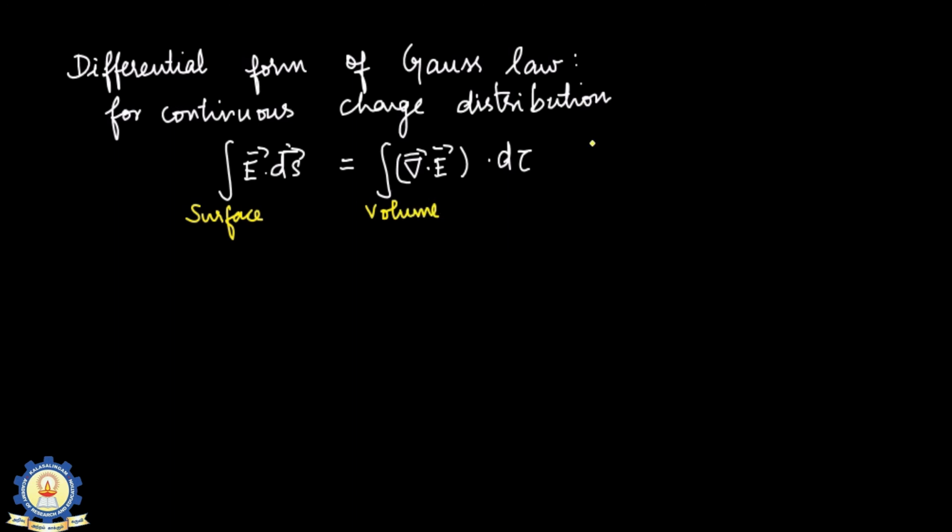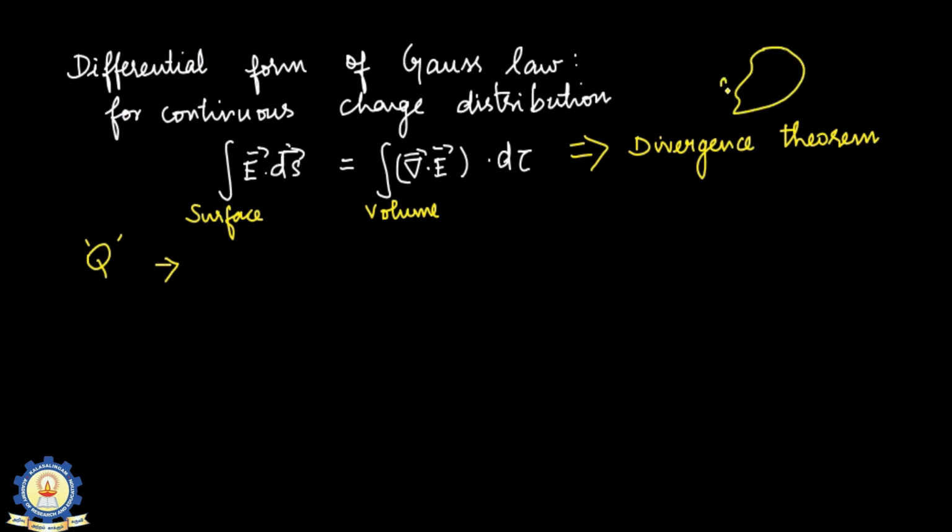This is called the divergence theorem or Gauss divergence theorem. Here Q is the net charge enclosed within the surface. So Q is equal to the volume integral of rho d tau.